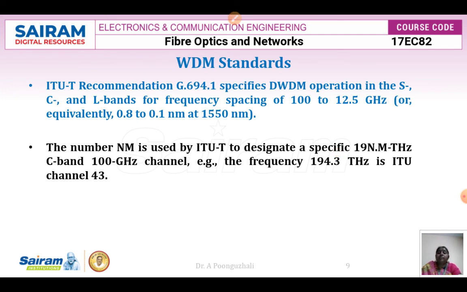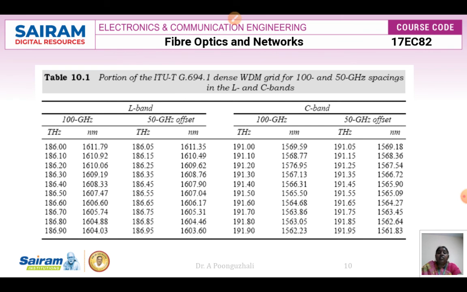Here is the dense WDM grid for 100 gigahertz spacing and 50 gigahertz spacing, used in the L-band and C-band. It is specified in terahertz and in nanometers. In terms of terahertz, the spacing is 100 gigahertz.